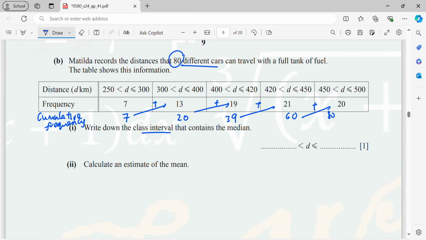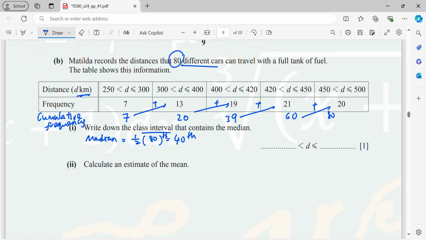Now our median is basically half of the total number of cars, and the total here is 80. Because you are given the distance in ranges, half times 80 is going to be 40.